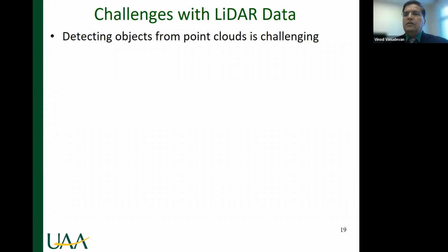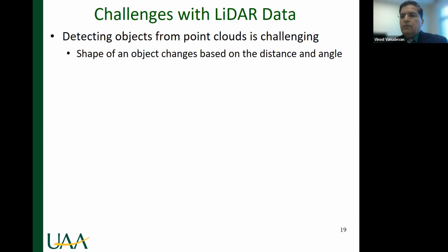Some of the challenges: detecting objects from a point cloud is challenging. The shape of an object changes based on the distance and angle. For example, if you are looking at a vehicle like a car from a LiDAR, if it's at 90° or right in front of the LiDAR, it may look like two rectangles, one at the windshield and the other in front of the engine.